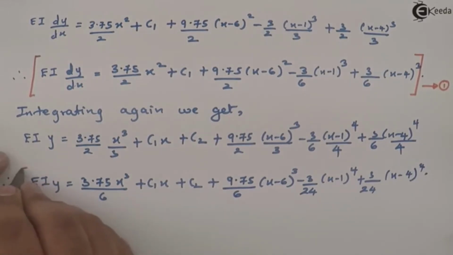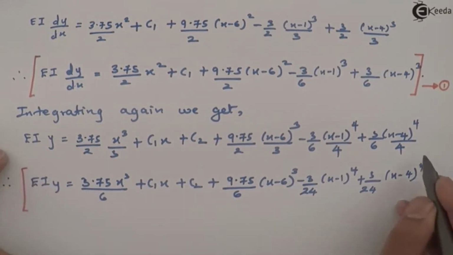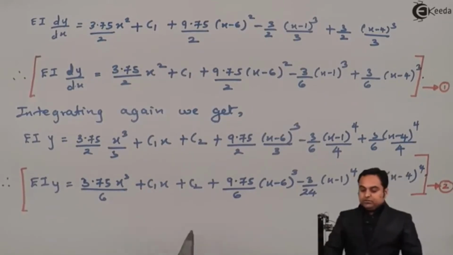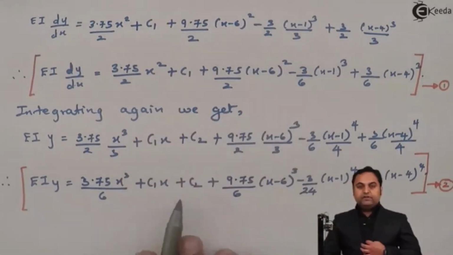So this is my equation second. Now here as we can see there are constants in the equation, so we need to find these constants.